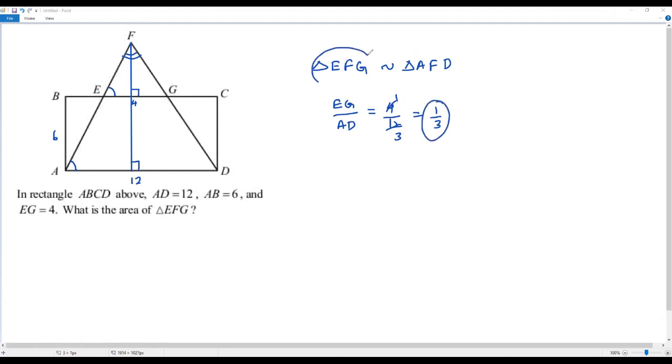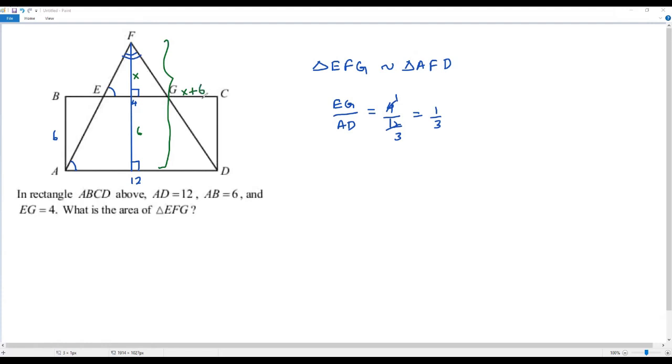Since these two triangles are similar and the ratio of the corresponding sides is 1 over 3, their heights will also be in the same ratio, 1 over 3. Let me consider the height of the smaller triangle. So this is the height of the smaller triangle. Let me assume x as the height of the smaller triangle, and we know the length of this part is 6. Then the height of the bigger triangle AFD is x plus 6.